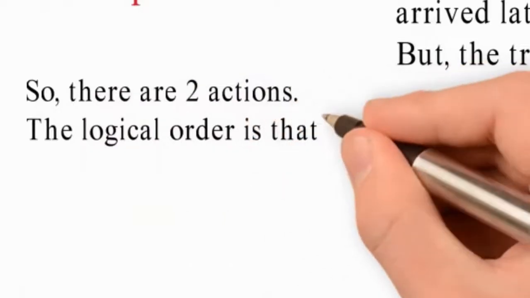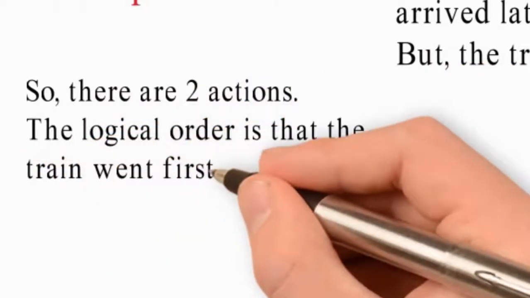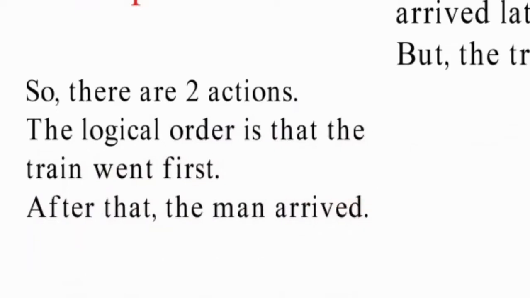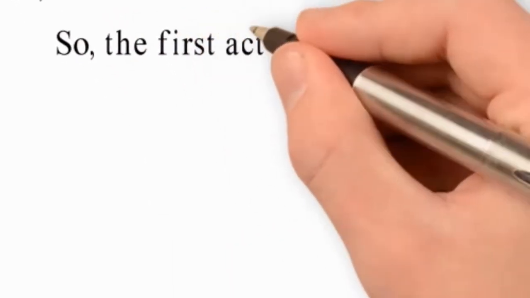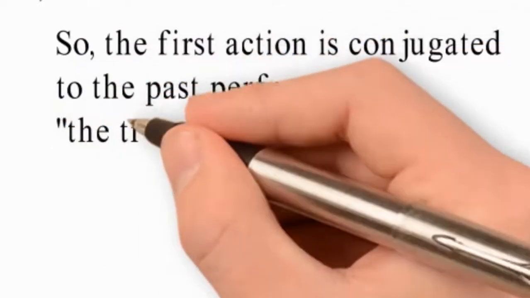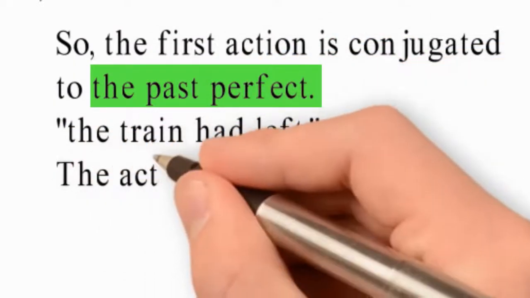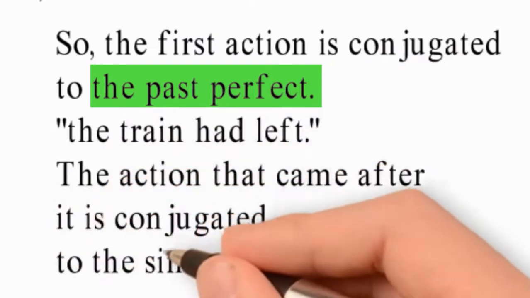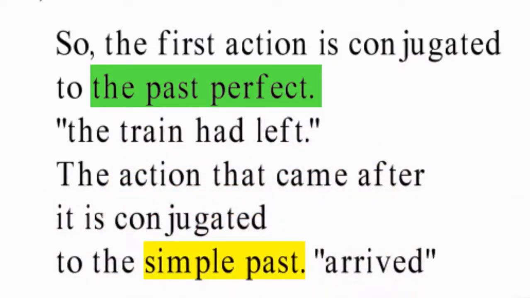The logical order is that the train went first. After that, the man arrived. So, the first action is conjugated to the past perfect simple, the train had left. The action that came after it is conjugated to the simple past, arrived.